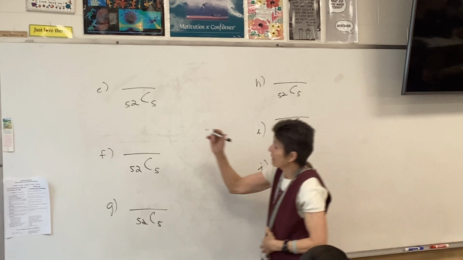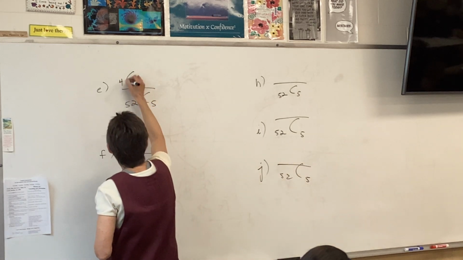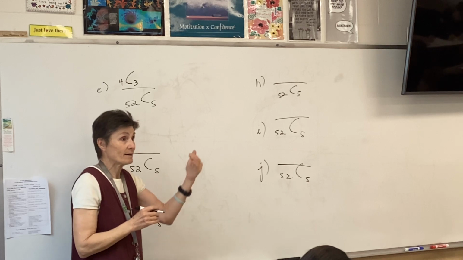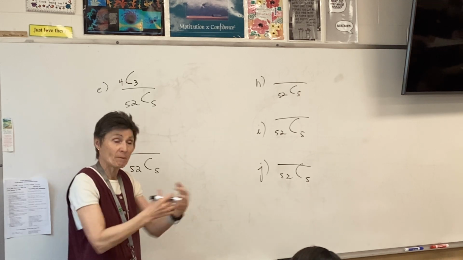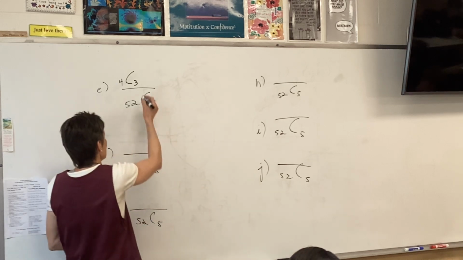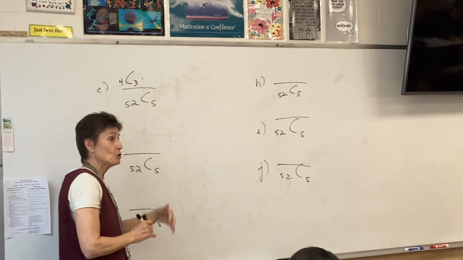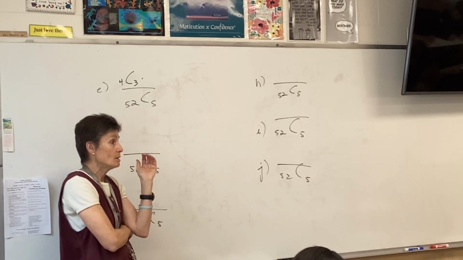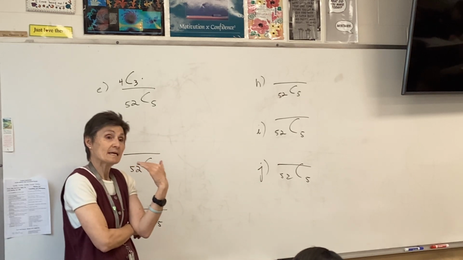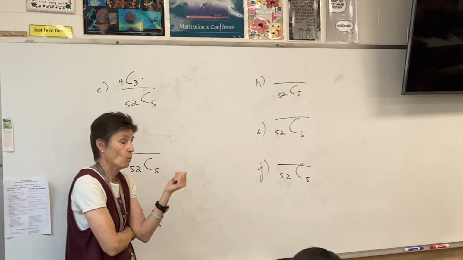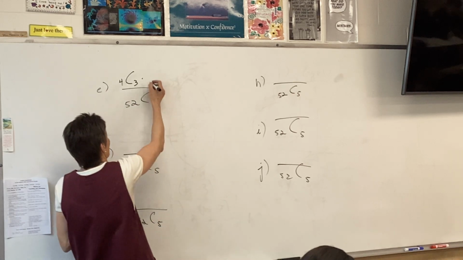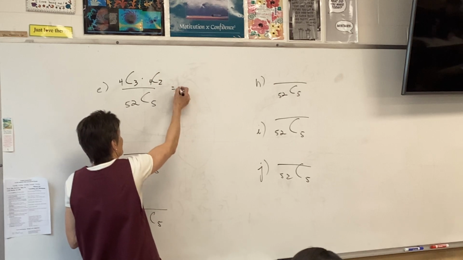So your numerator is going to start out with 4C3, because you have to get 3 jacks and you're picking from 4. And times you need to get 2 kings. How many kings are in the deck? 4. And you want 2 of them. So your numerator is 4C2.